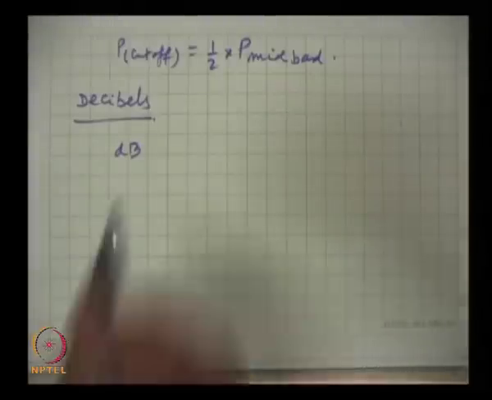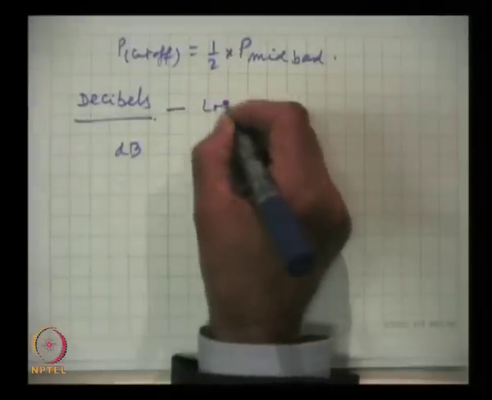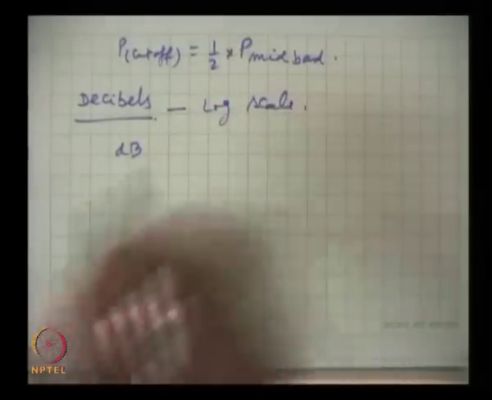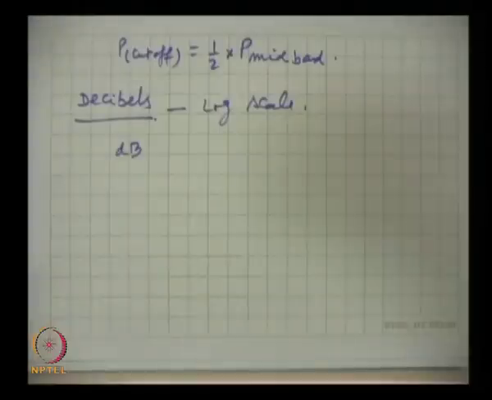As I said, it is a log scale, and when we describe the fall in voltage, fall in power, or the gains in terms of decibels, then we can use logarithmic algebra that we will see, and that makes life very convenient and easy, and things can be manipulated very simply.